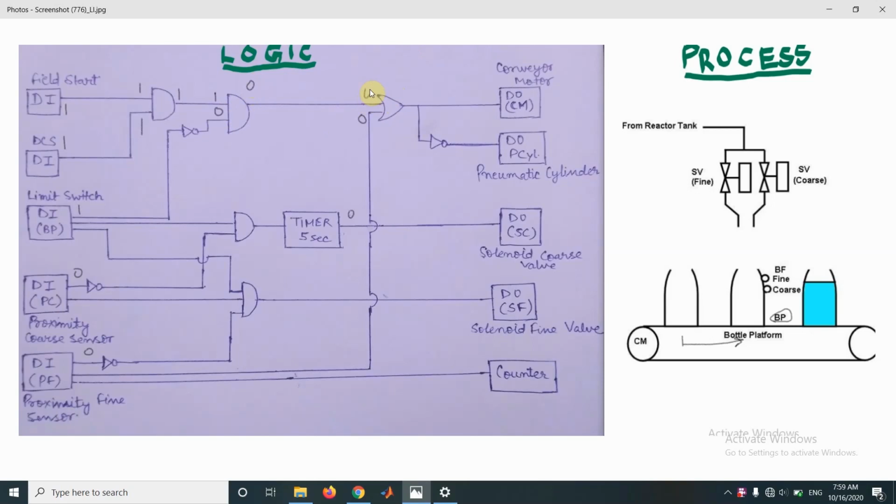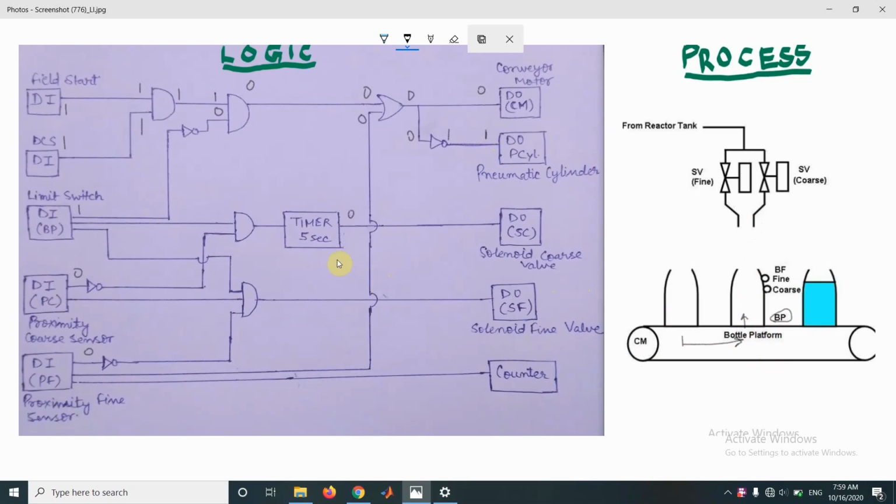The other input of this OR gate would also become 0. The OR gate is also off. The conveyor motor stops, and due to this NOT gate, the pneumatic cylinder is in operation. Hence, when the limit switch detects that the bottle is right under the solenoid valve, the conveyor motor stops and the bottle platform is raised through the operation of the pneumatic cylinder. Something like this.